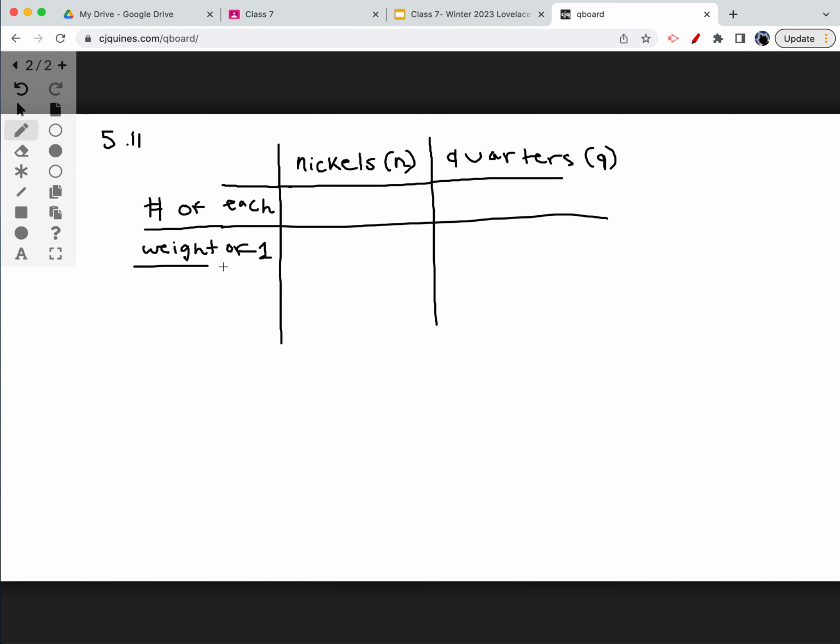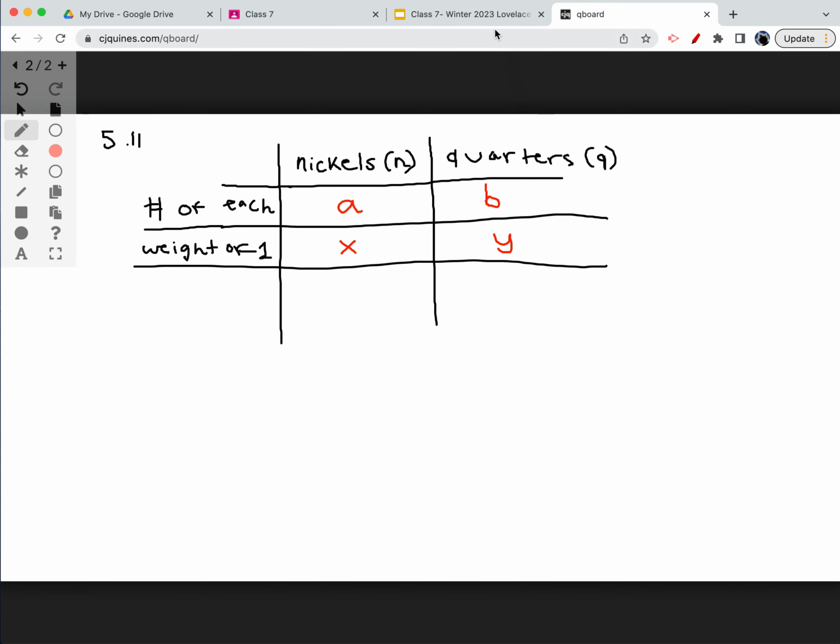So the weight of 1 nickel would go here, and the weight of 1 quarter would go here. So let's say that we have A nickels and B quarters. And let's say that the weight of 1 nickel is X and the weight of 1 quarter is Y.